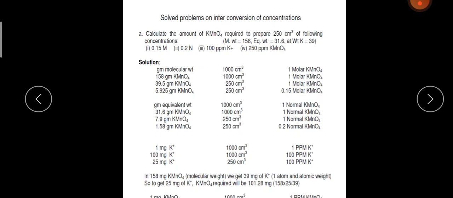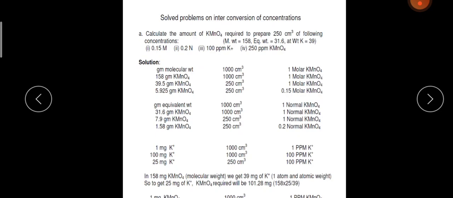158 gram KMnO4 in 1000 cm3 gives you the 1 molar KMnO4 solution. Now we want 250 cm3, so you have to divide by 4. You will get 39.5 gram of KMnO4 in 250 cm3 for 1 molar.